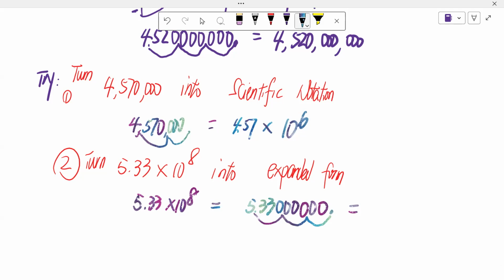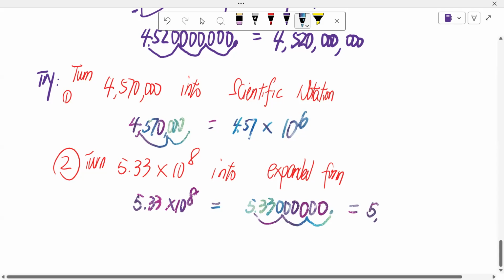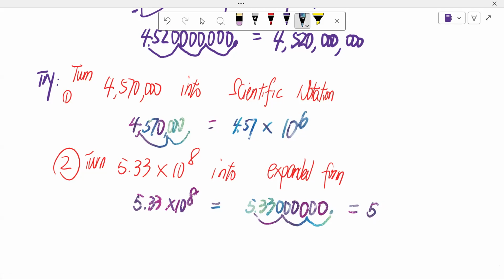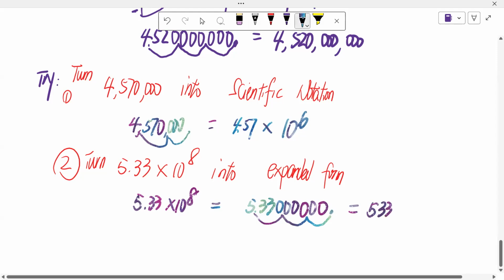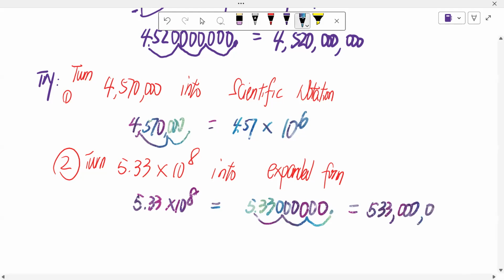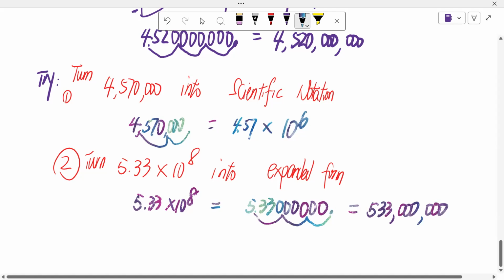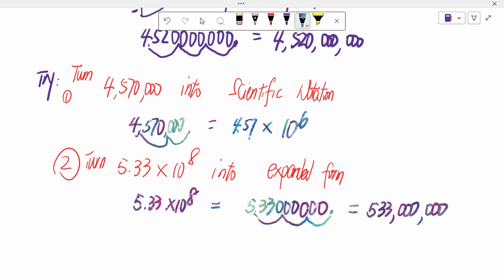So that becomes 5,3 zeros, 3 zeros, 533 million. Every 3 zeros we get 1,000. Any question about this?